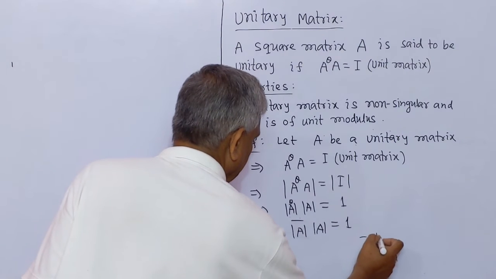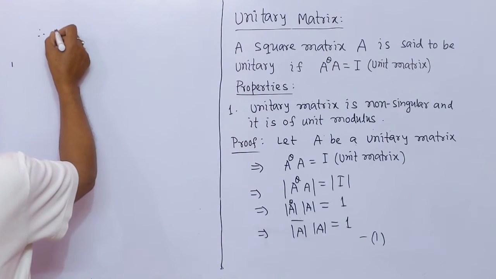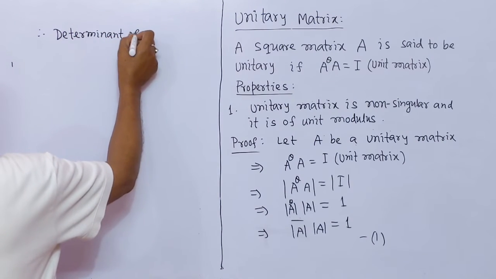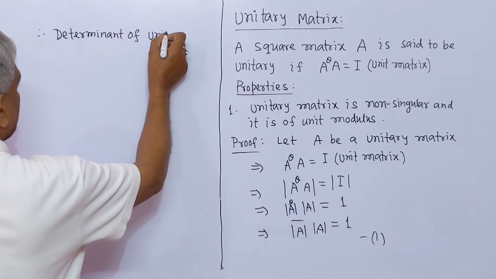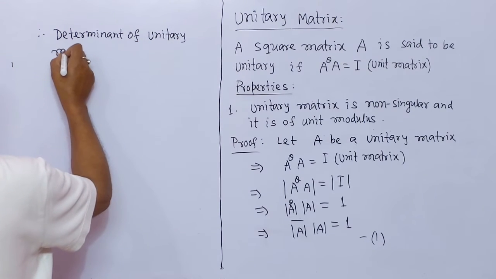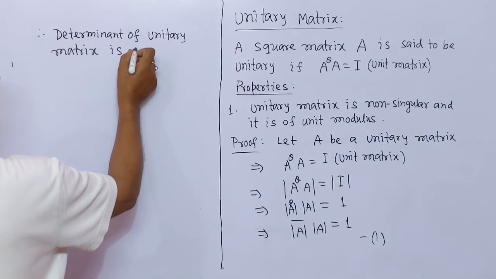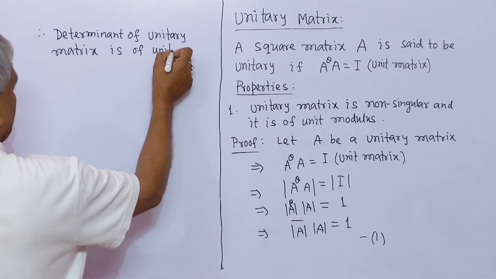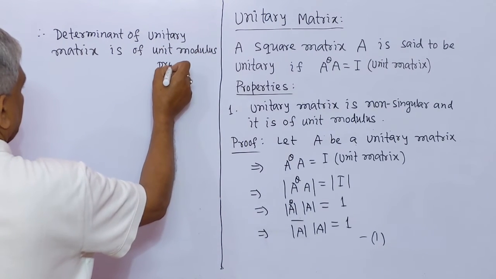Let this be number 1. Therefore, determinant of a unitary matrix is of unit modulus. Proved.